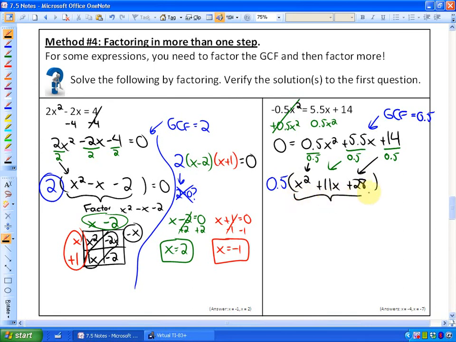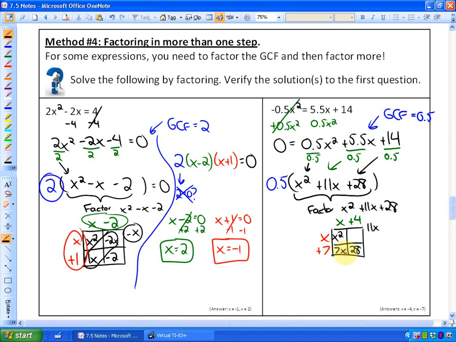And now what you'd want to do is factor x squared plus 11x plus 28, which we have done before. So x squared, 28, and 11x. X times x is x squared. And 4 and 7 are the constant terms, and I'll show you why.